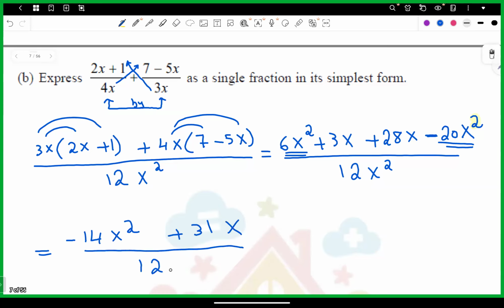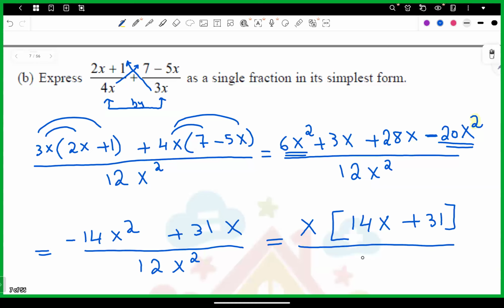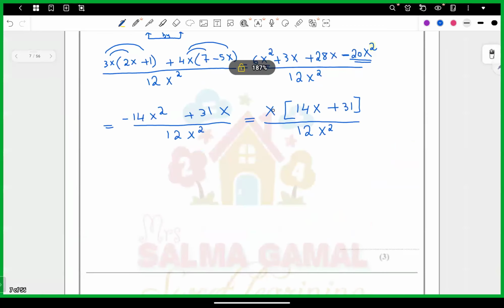over 12x squared. What is the highest common factor between these two numbers? You can see x to the power of 1 is the highest common factor. So how many are left over? Minus 14x plus 31 over 12x squared. I need to cancel this x with x, one x down.